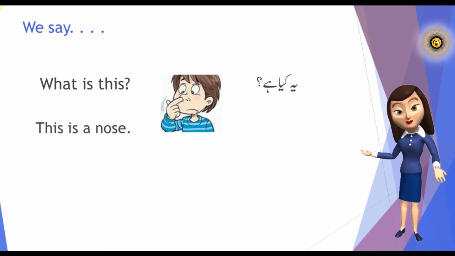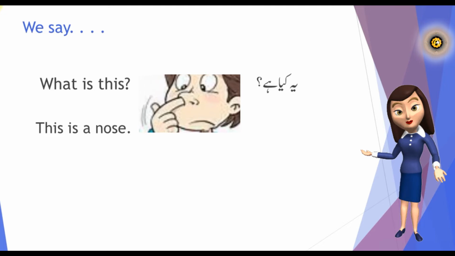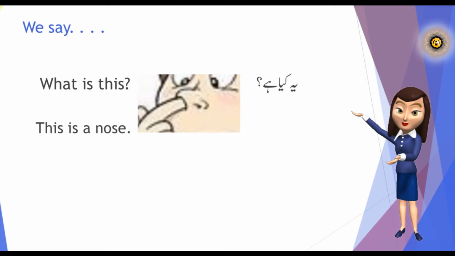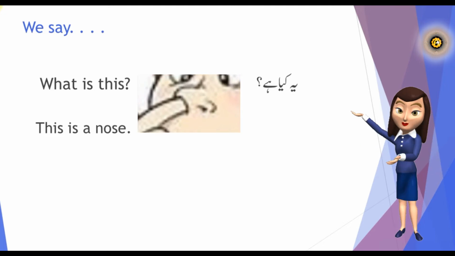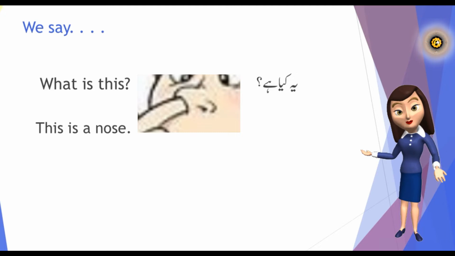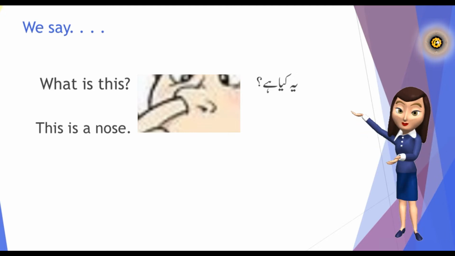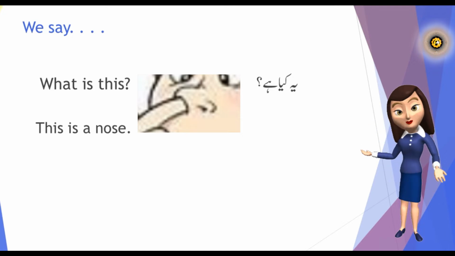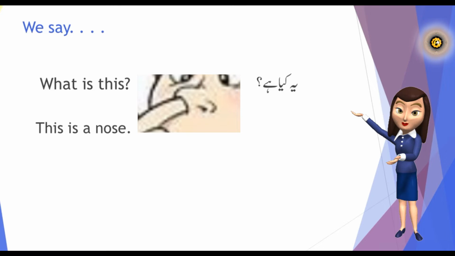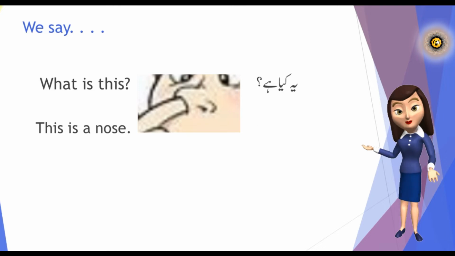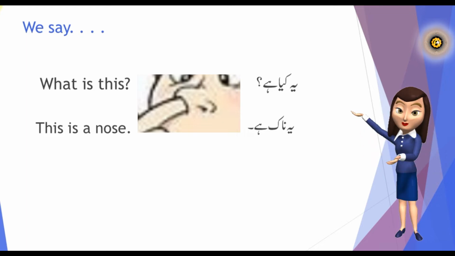Then you can see in front of you, what is this? So you are going to reply and say, this is a nose, because we can see a nose here. That's why we are answering and saying, this is a nose. In Urdu it is, ye naak hai.